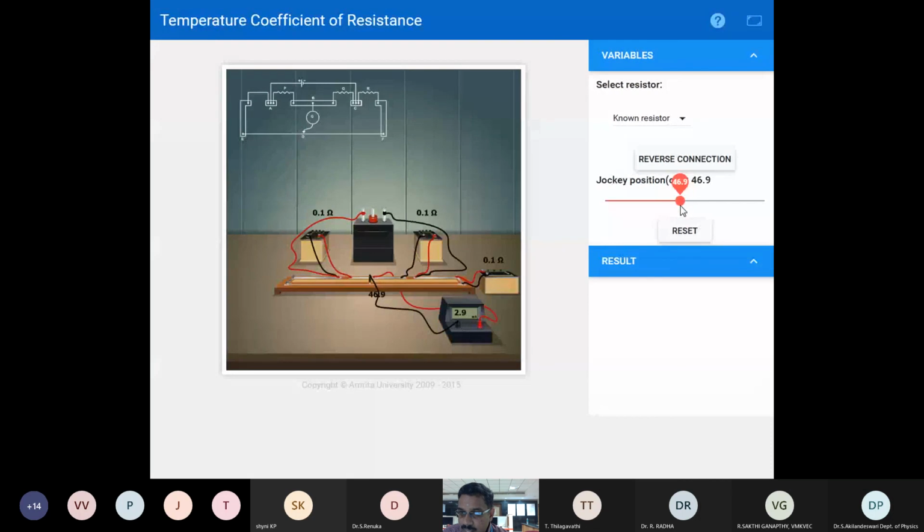So I have to fix the jockey at that position. Okay, now we get the L1 position.